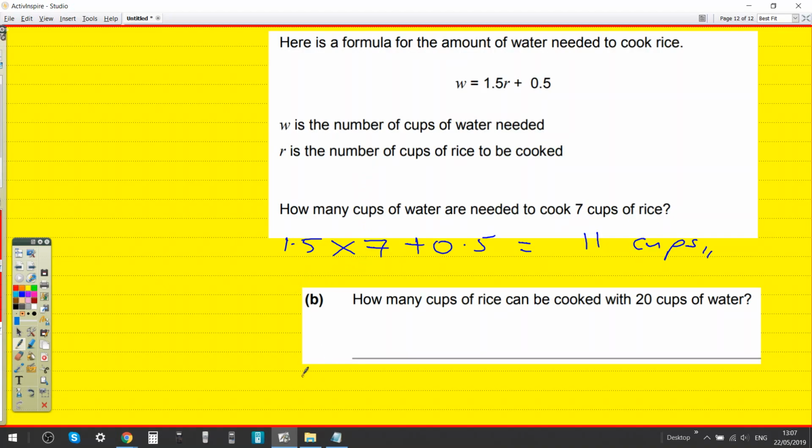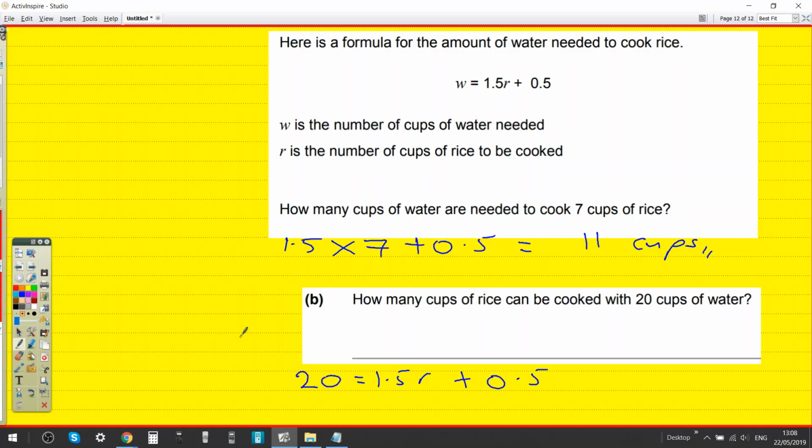Yeah, so it's equal to 20. Does it matter if you have the equal to 20 at the other end? Does it make a difference? So W is the 20 cups of water. W is the water. Okay. So R was the rice. So that's why that was 7 and the 20.